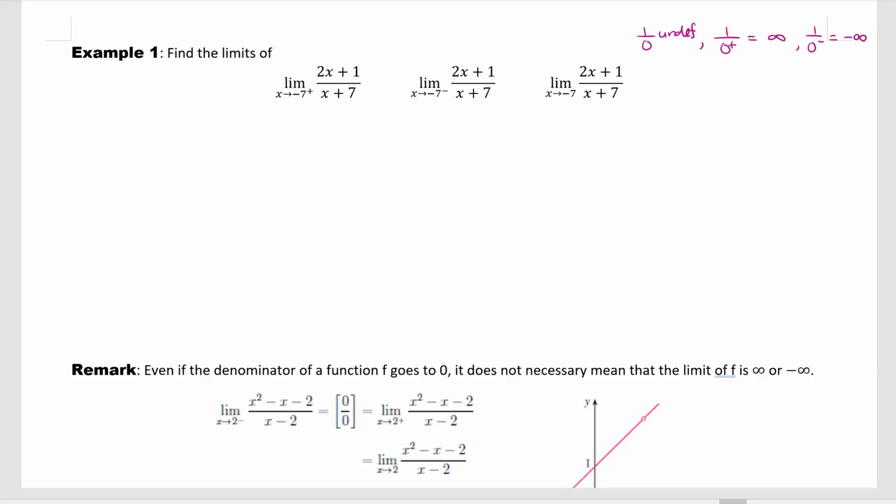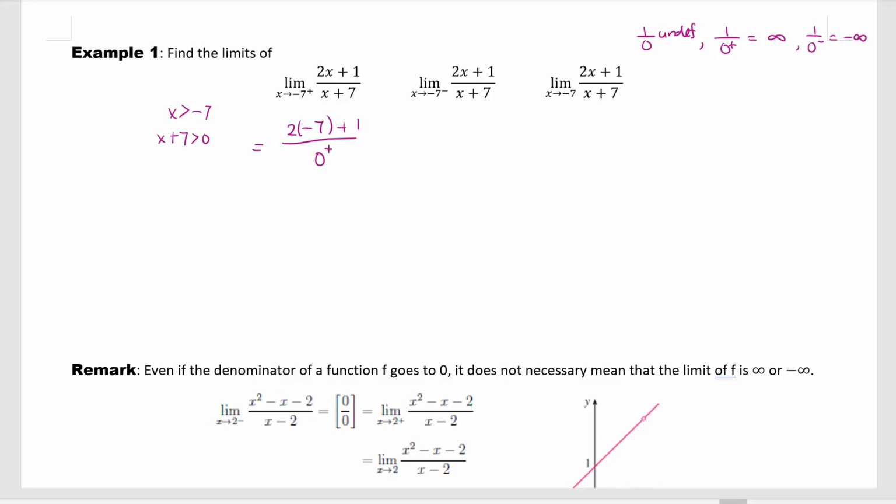Now let's plug in the numbers. Here we plug in minus 7, so 2 times minus 7 plus 1. This is how we think. Then minus 7 plus 7 is 0, but think about it, you're approaching minus 7 from the right, so x is greater than minus 7. If you add 7 to both sides, x plus 7 is greater than 0.